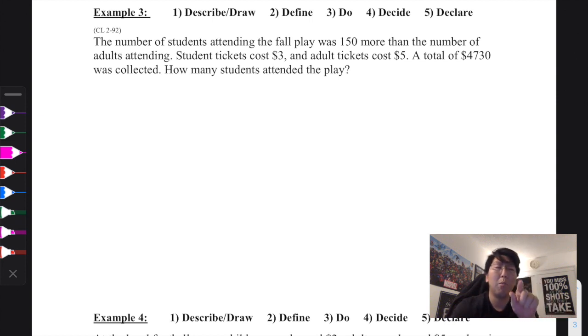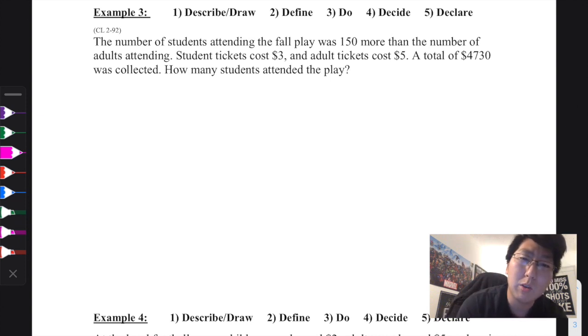Student tickets cost $3, adult tickets cost $5. A total of $4,730 was collected. How many students attended the play?